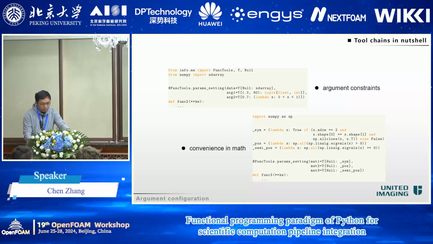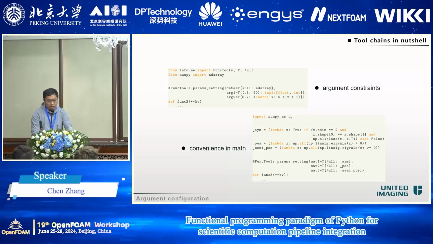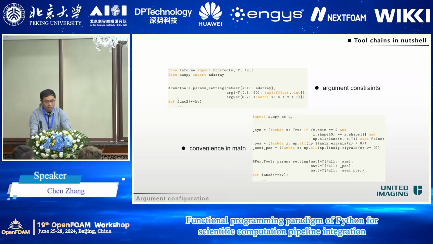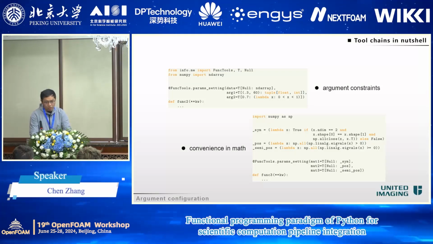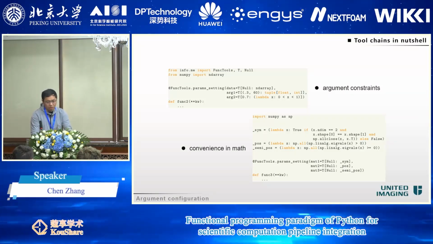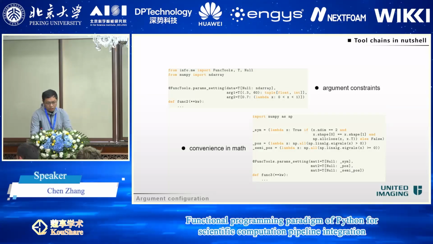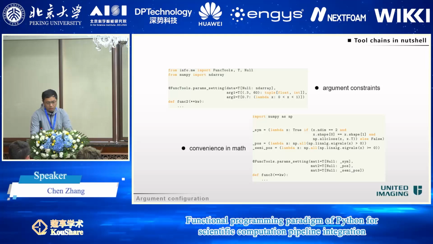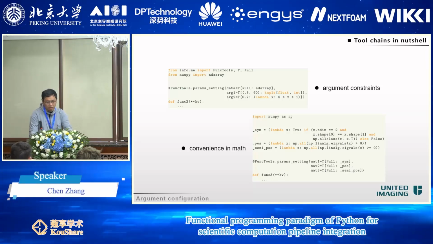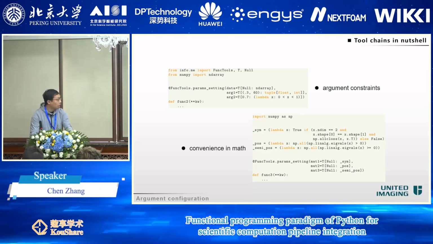Okay. So in terms of argument configuration, the example above shows three typical ways to set the default type for an argument. You can use the class, the typing hint system in Python, and even a number function.